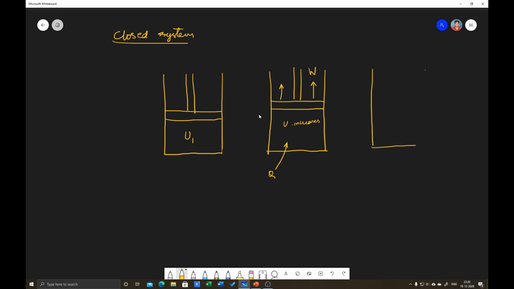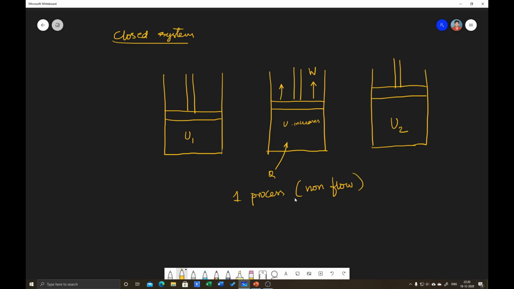And after this process is completed, the system will have an internal energy of U2. So here it is only one process, and that too non-flow, there is no mass transfer.